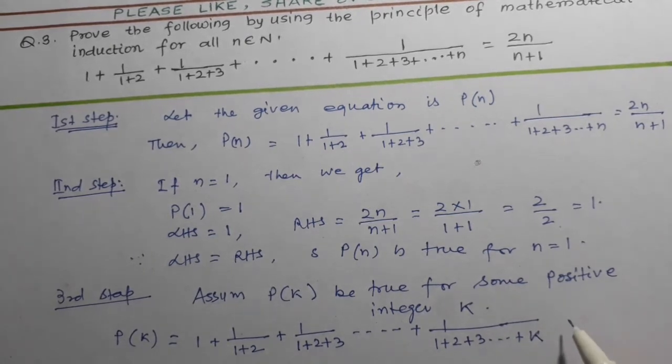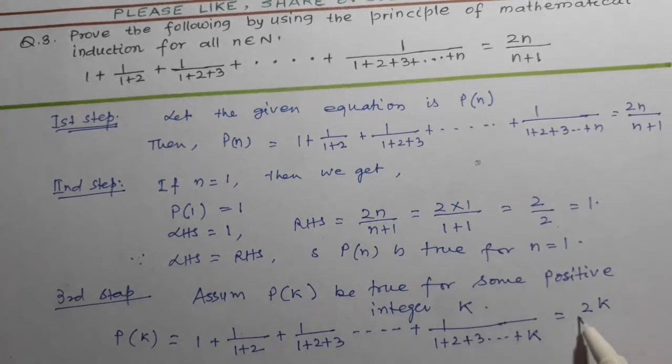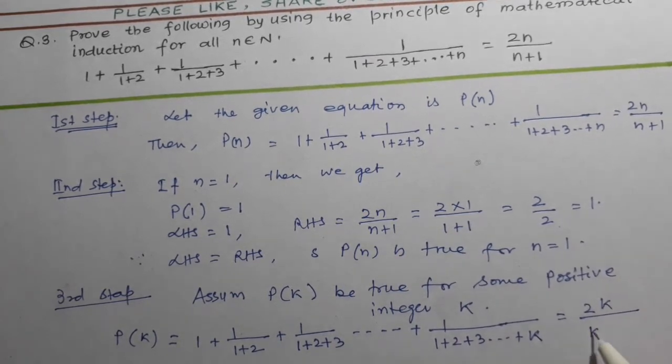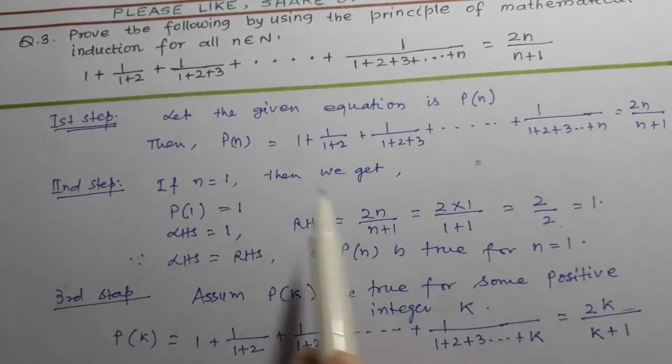And it will be equal to 2k by (k plus 1). So this is the third step, and this equation is already given.